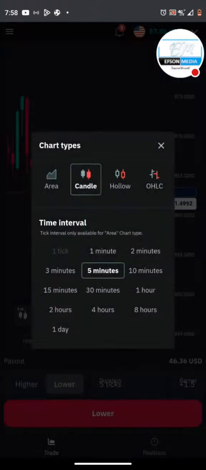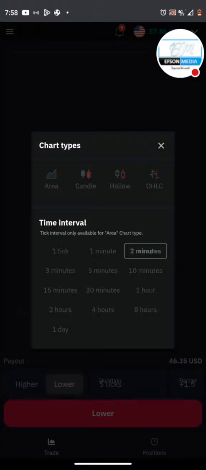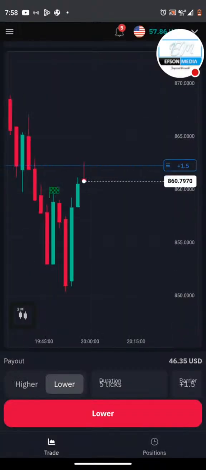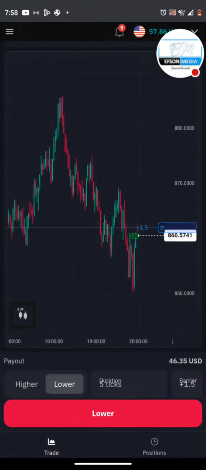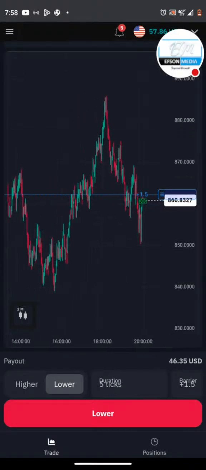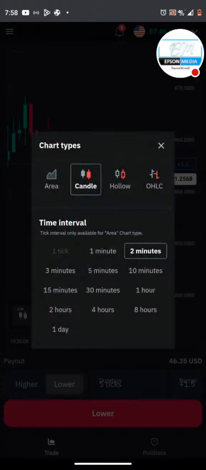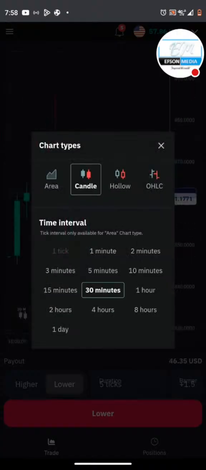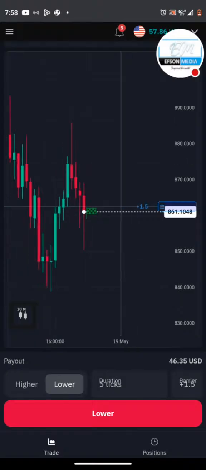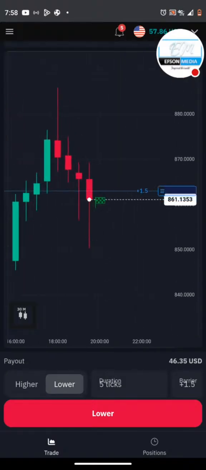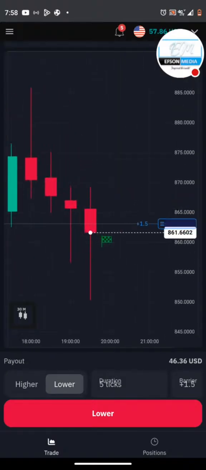So you must bring our blue line down, but let's check and see again our 30 minutes. 30 minutes is showing something else. In fact, there is a pullback, but you must still wait to confirm that it's the upward trend.